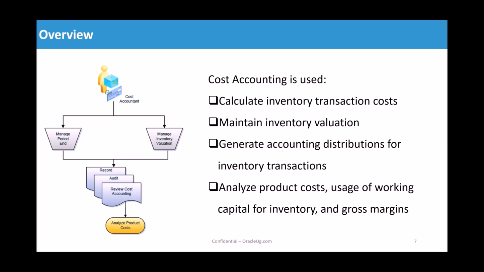The second aspect is that before month end, all these journals and transactions have been audited and reconciled, and there is no issue before we move to the next month, so that you can close the period, and when the next period is opened, all the transactions will happen in the next period. These are the primary two activities of a cost accountant, and both are properly defined in the Fusion application.